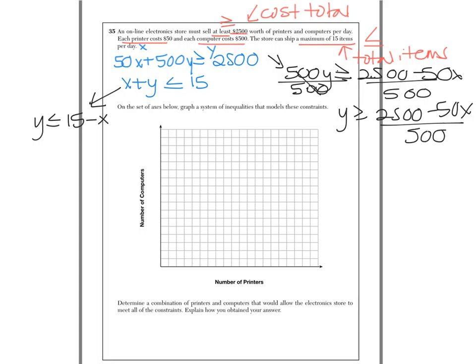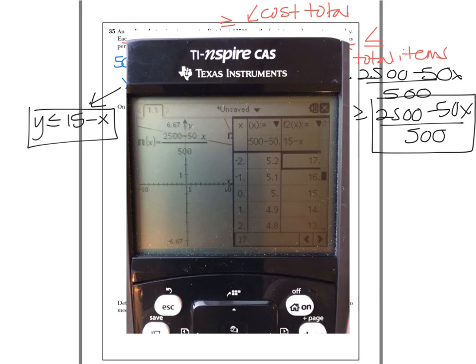So I would put this into your graphing calculator, and you could either do it simultaneously or independently. Look at the table of values and go ahead and graph each of these lines. So I chose to graph them simultaneously, and here is the table for both of them together.